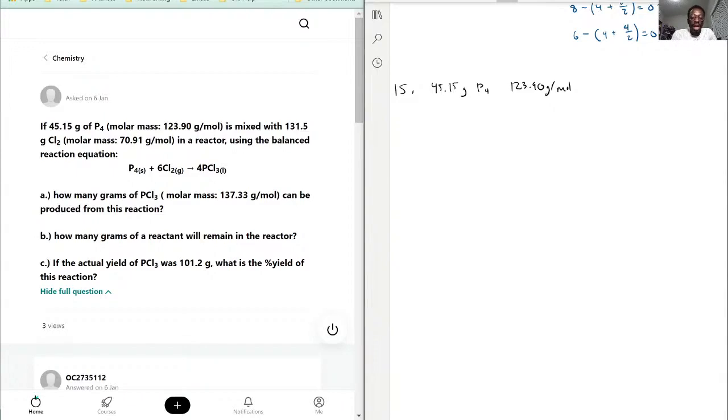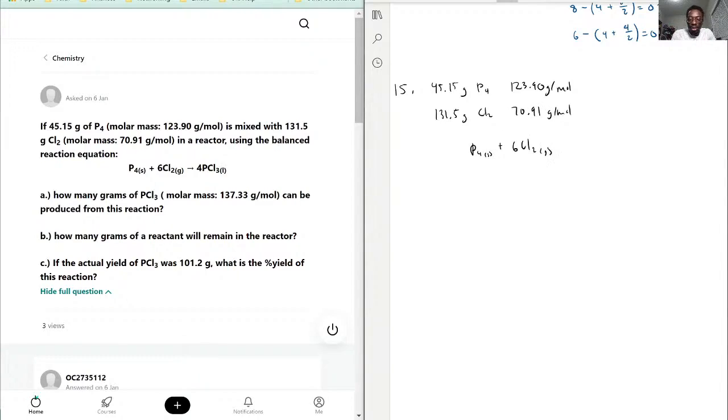And the other one they have is this mixed with 131.5 grams of Cl2, and the molar mass here is 70.91 grams per mole.